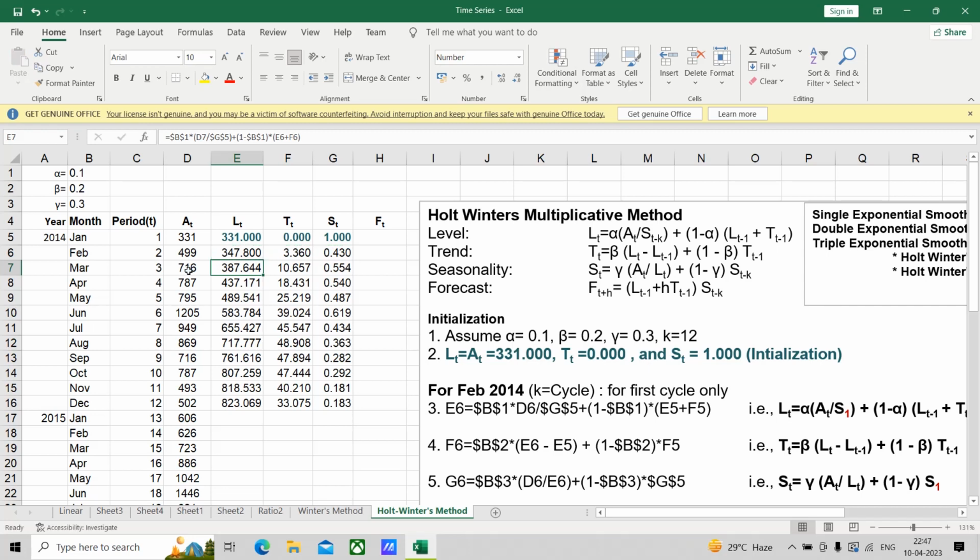At means for this third period A3, and this one is A3, 716, and this 716 is nothing but column D and row 7, that is D7. It is shown here, and then we divide it by S1 because S1 is fixed for the first 12 periods, and after that we will apply the actual formula, this one.